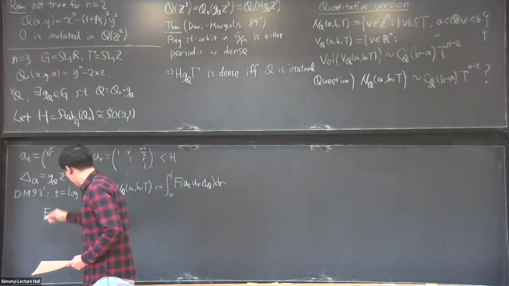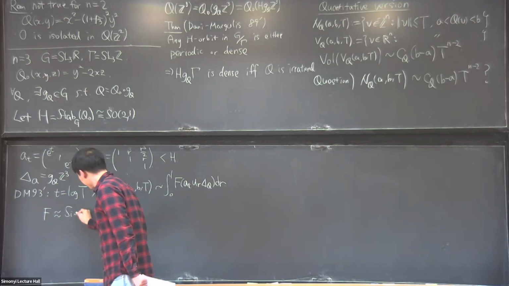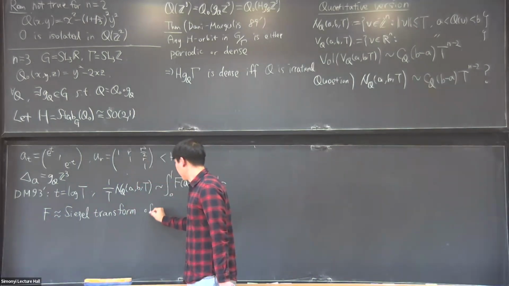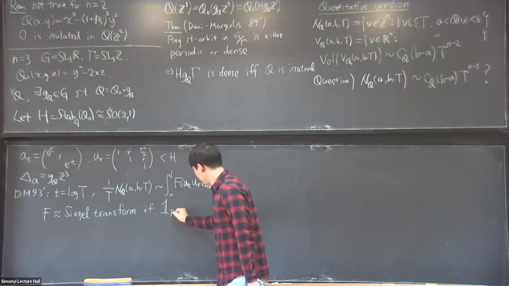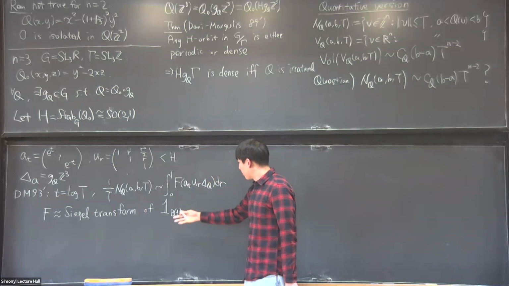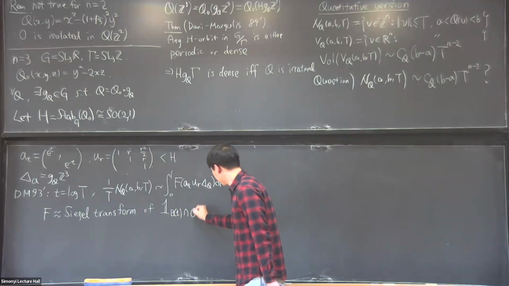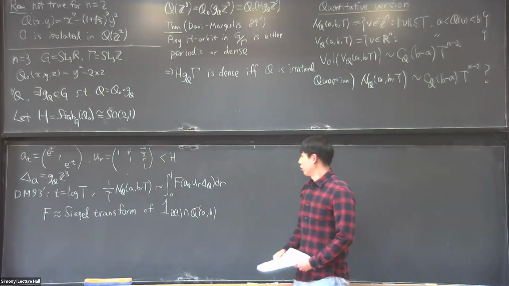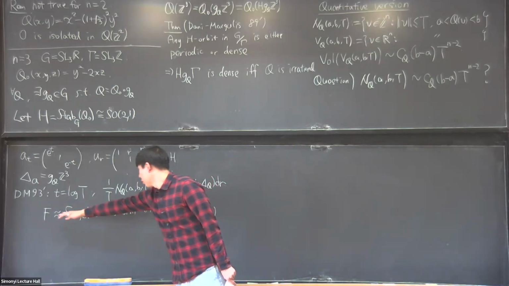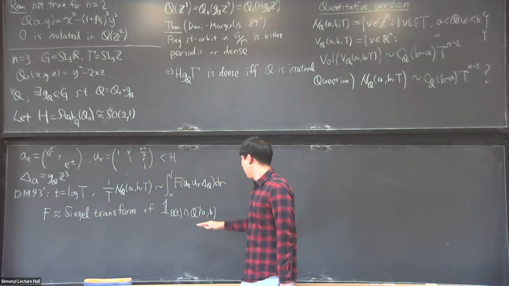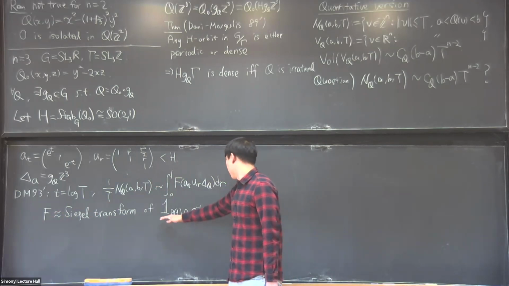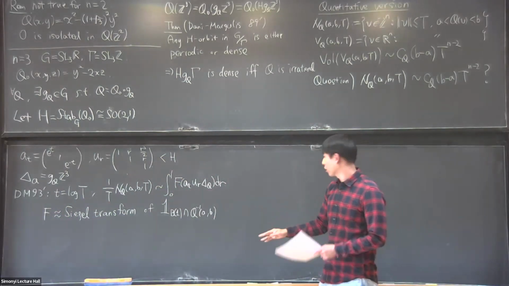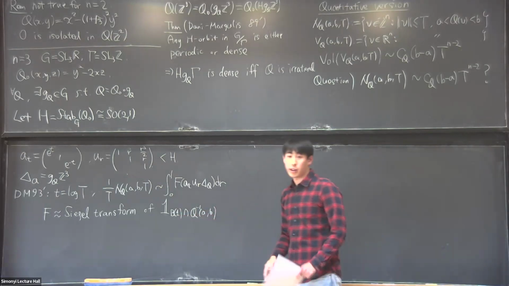And this capital F is roughly the Siegel transform of the indicator function on the region given by the intersection of the unit box and the inverse image of the interval A and B. So up to some smoothness issue, our test function capital F is a Siegel transform of the indicator function, and the Siegel transform is basically the counting function for the number of lattice points contained in this region in Euclidean space.